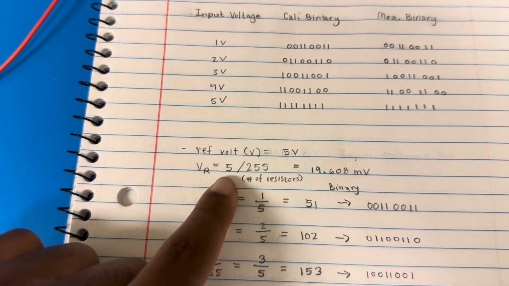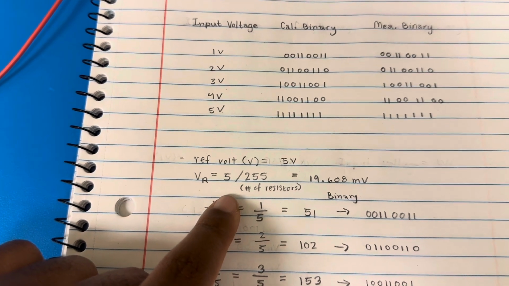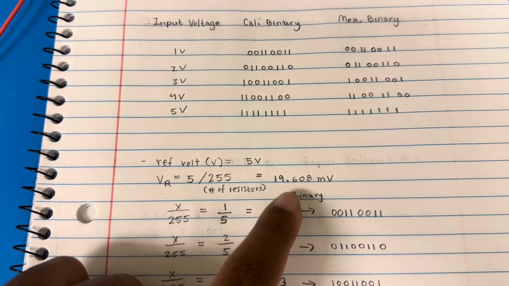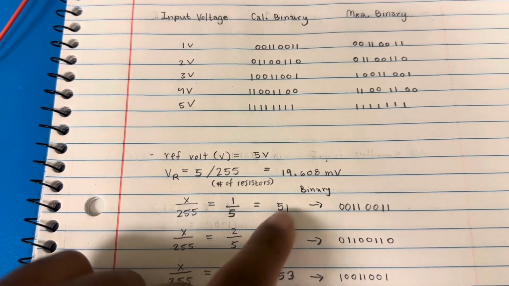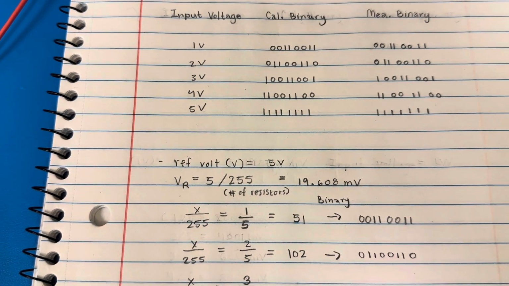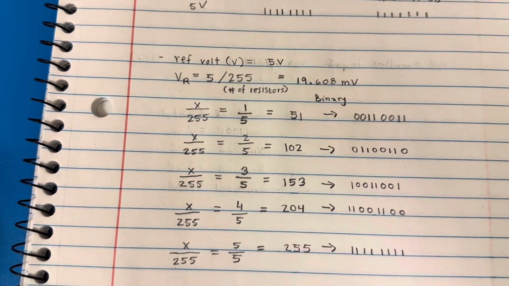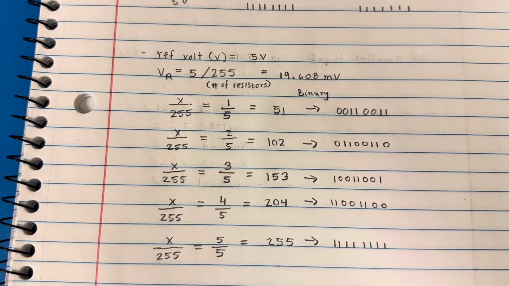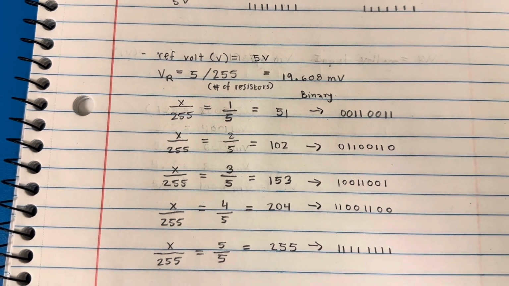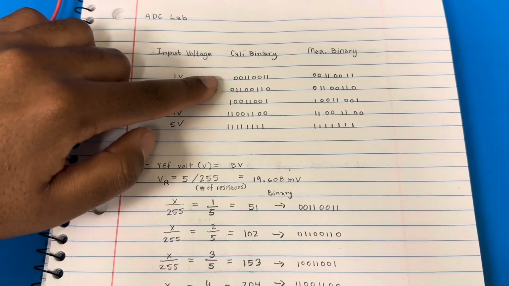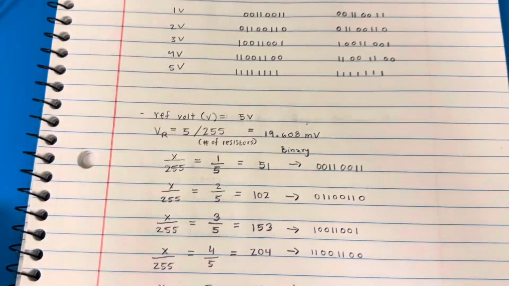So we're going to divide 5 volts by that to give us an average of 19.08 millivolts over each resistor. So here's the math that we're doing, and these are the calculations for what we should be getting as our calculated binary.